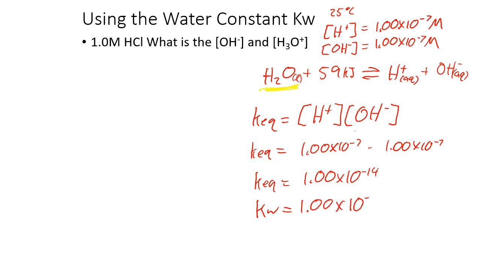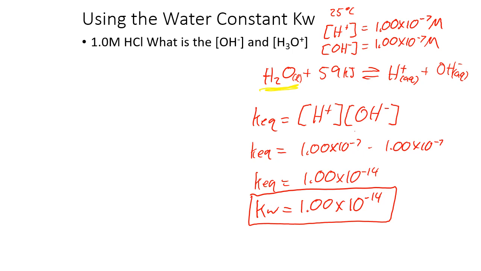And you can actually find this number on your data sheet that I handed out yesterday. It'll say Ka of water, or KW, we'll call it KW from now on. The KW is 1 times 10 to the negative 14. And all it is is the concentration of hydrogen times the concentration of hydroxide. Okay. Now, why is that important?